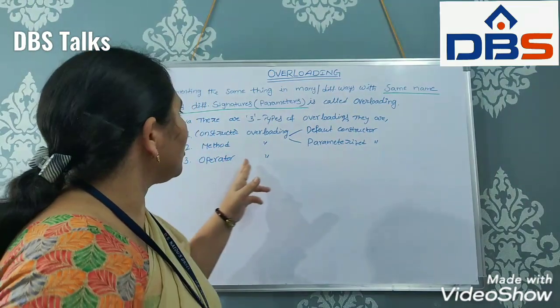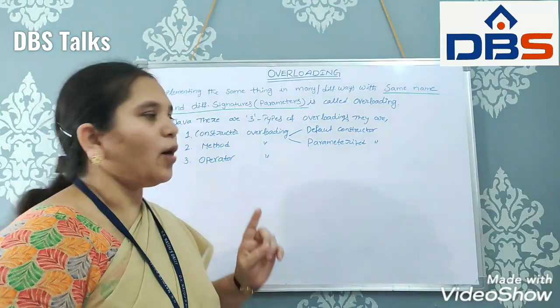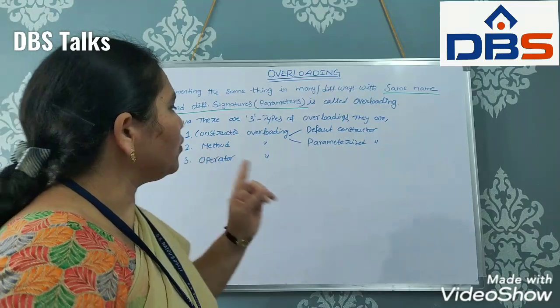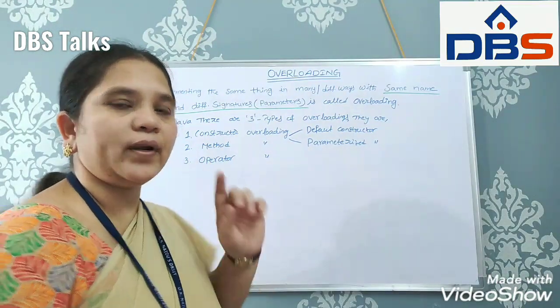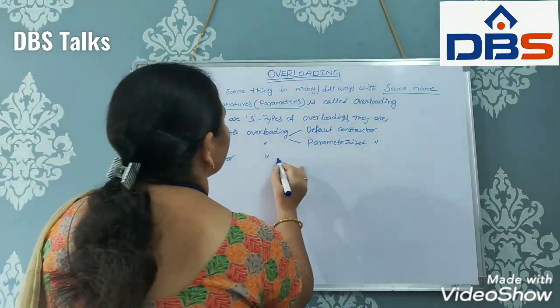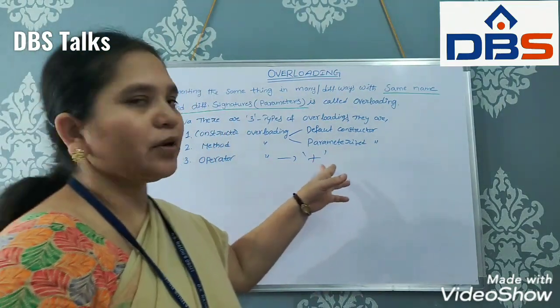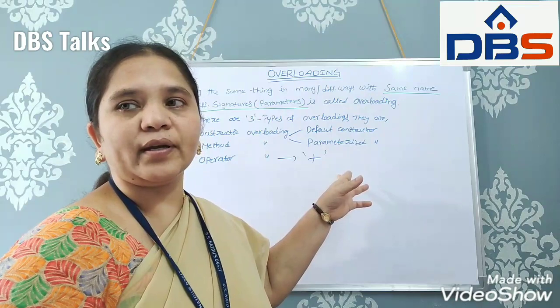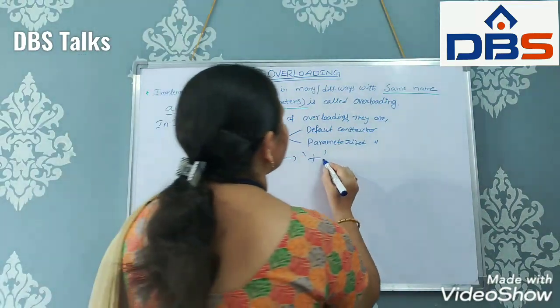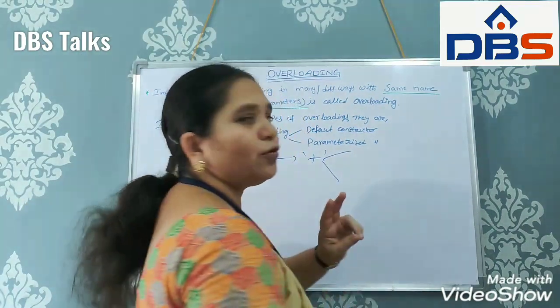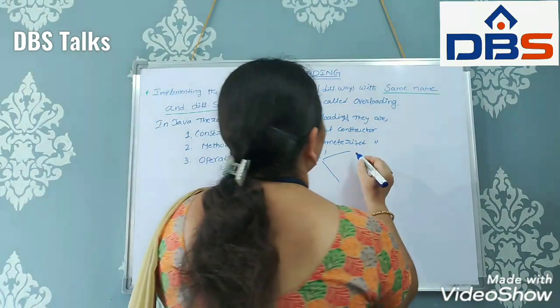So third one is operator overloading. In Java we are using only one operator for operator overloading, that is the plus operator. Which operator are we using? Plus operator. This operator is used to perform two main functions. One is addition.